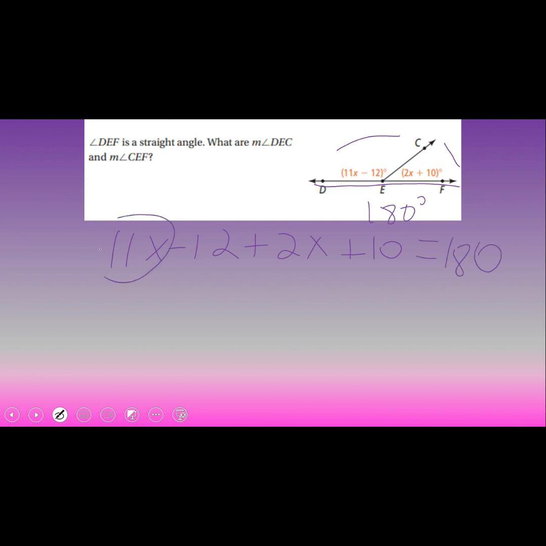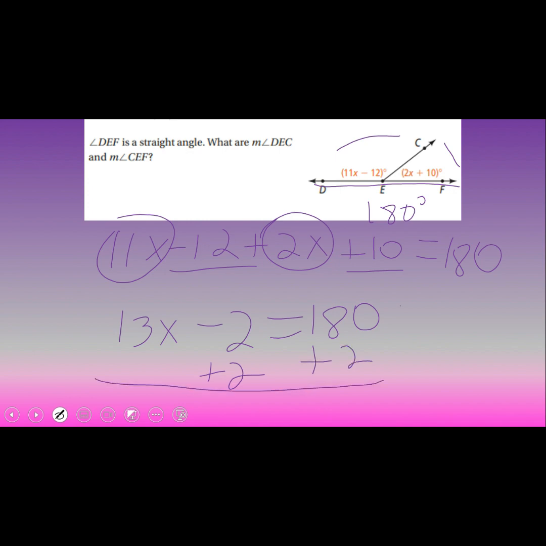So we're going to combine our like terms. So we have 13x, and then negative 12 plus 10 is negative 2 equals 180. We're going to add it. So we're going to have 13x equals 178.